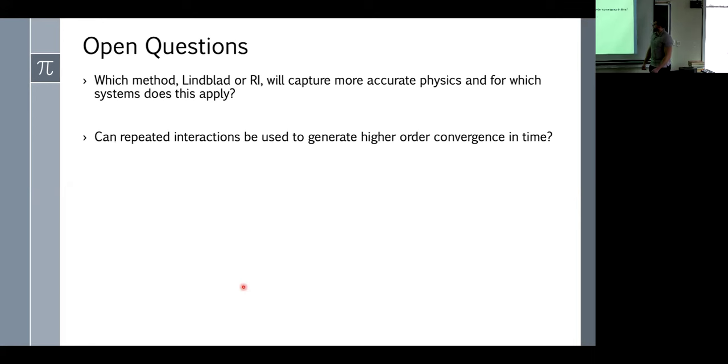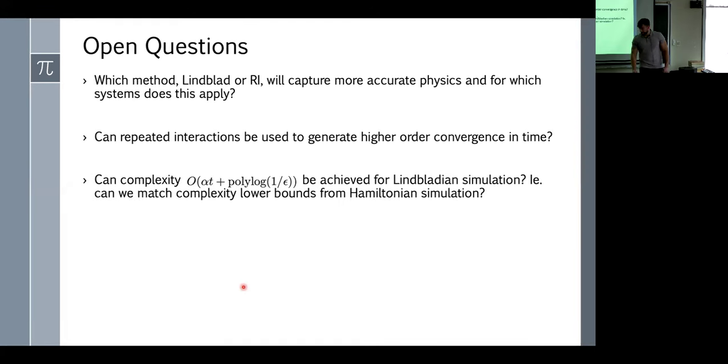I was wondering if there are methods to generate higher order convergences. If it is possible, different techniques will probably be needed, because expanding superoperators to higher orders in the Taylor series is an absolute mess and very hard to do algebra with. Can we actually saturate this lower bound from Hamiltonian simulation, in our case not having that new parameter in front of the polylog?